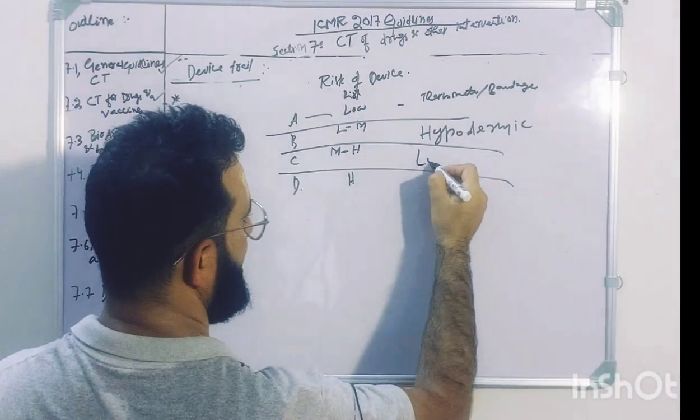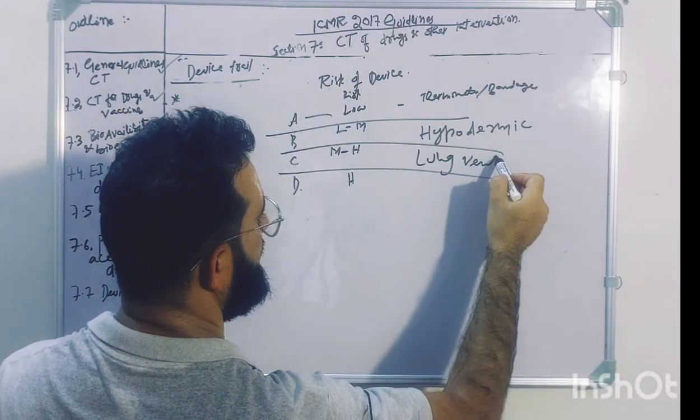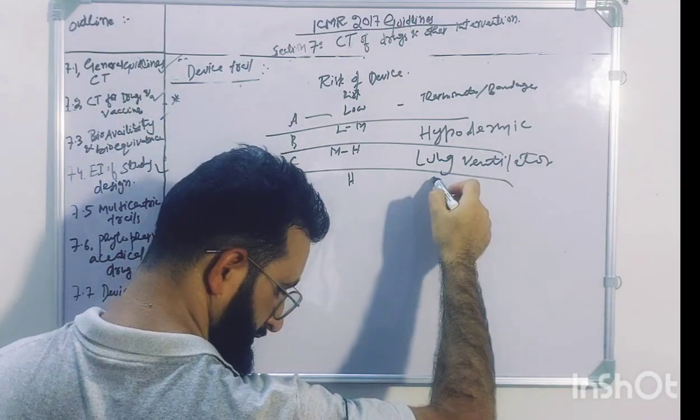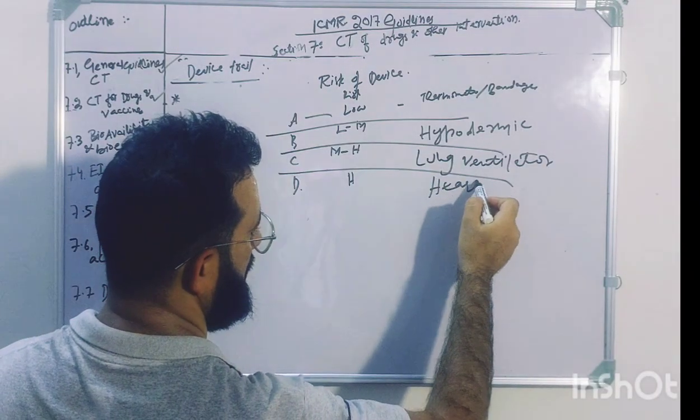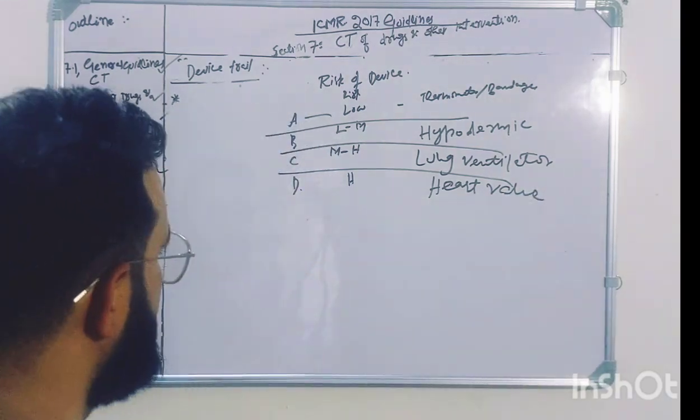Class C is lung ventilator, and class D is the heart valve. So they have classified these medical devices.